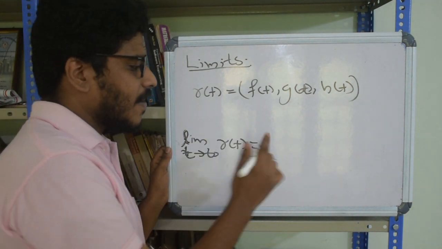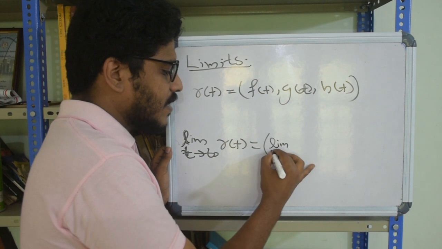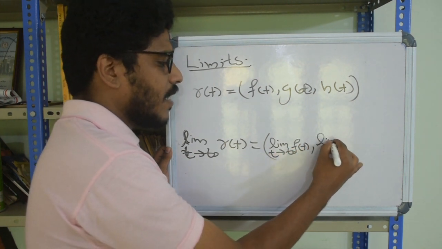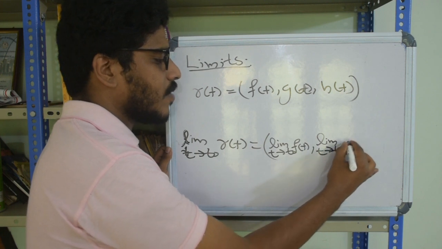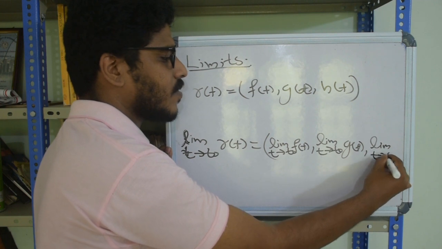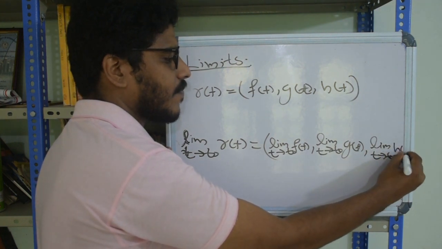This can be easily evaluated as limit t tends to t naught f of t, comma, limit t tends to t naught g of t, comma, limit t tends to t naught h of t.